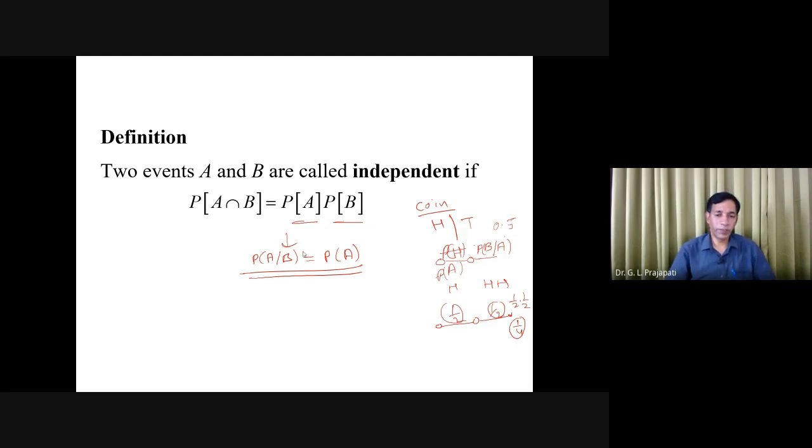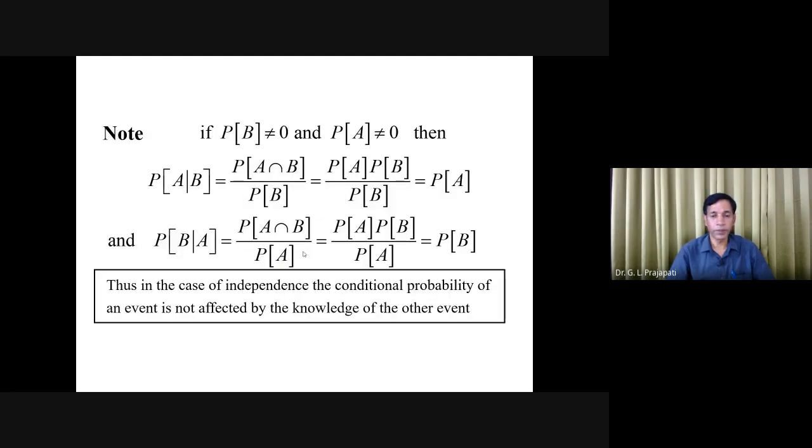So whatever be the probability of A remains the same as the probability of A given B in case of independent events, right?